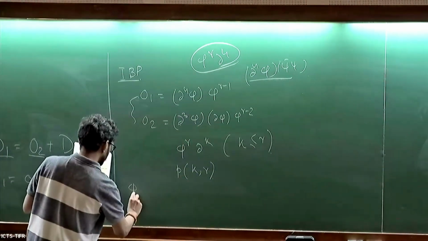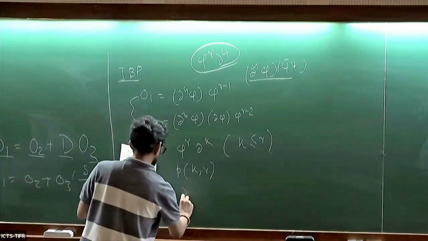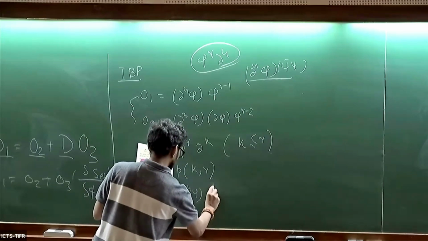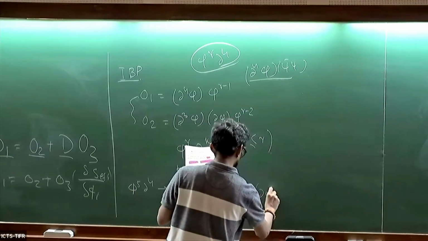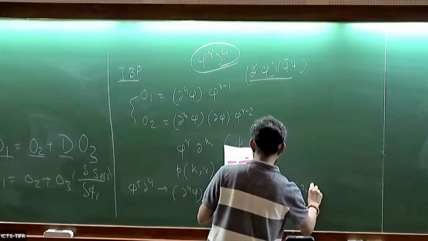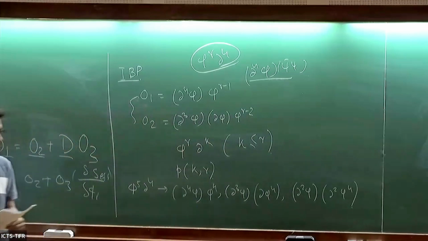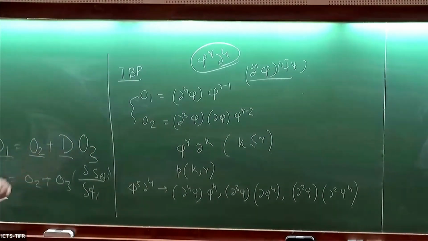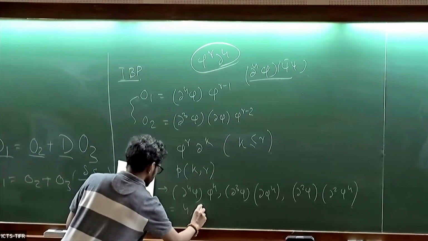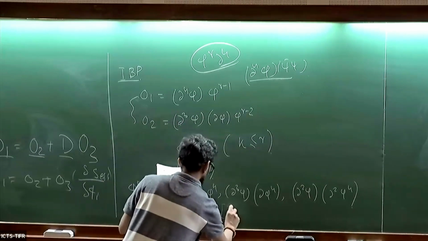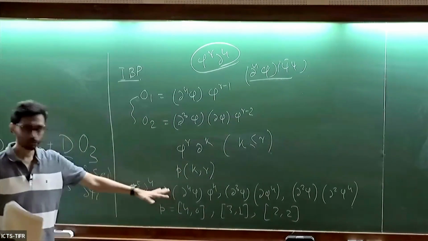For example, if I have phi^5 and del^4, I can write it as del^4 phi, phi^4; del^3 phi, del phi^4; del^2 phi, del^2 phi^4. So in this way I can partition them. All possible partitions are basically 4,0, then 3,1, and then 2,2. So these are the independent partitions.